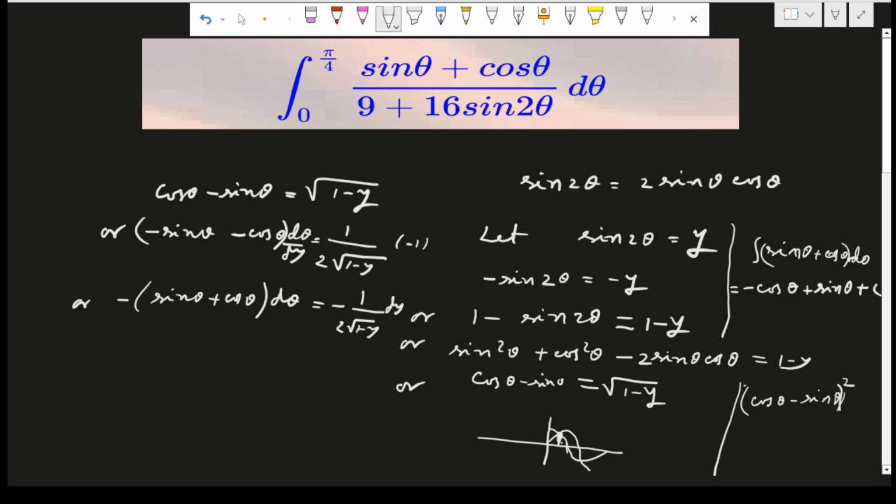Here y is equal to sin 2 theta. If theta is equal to 0, y is equal to 0. If theta is equal to pi by 4, y is equal to sin pi by 2, which is 1.